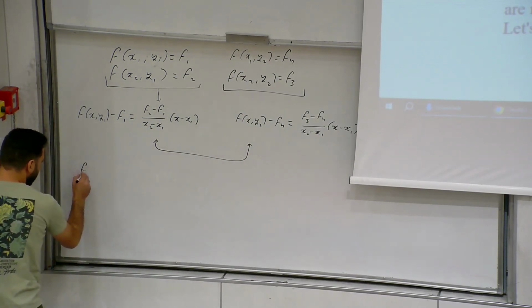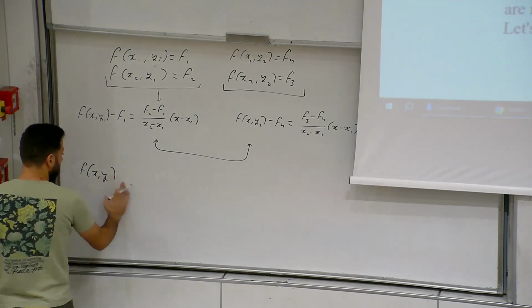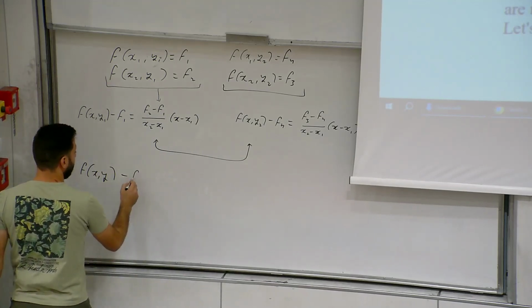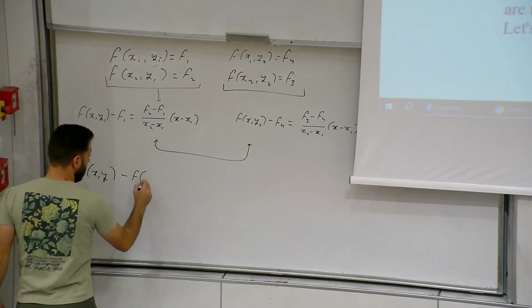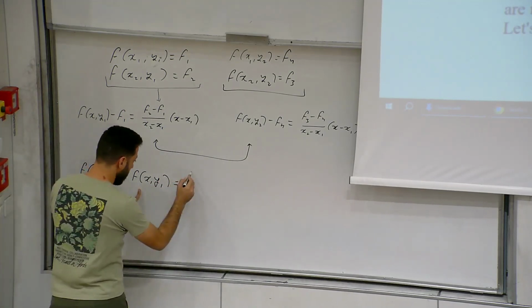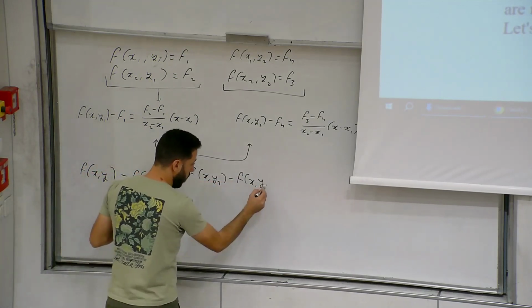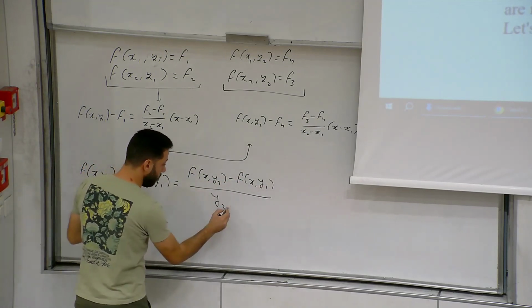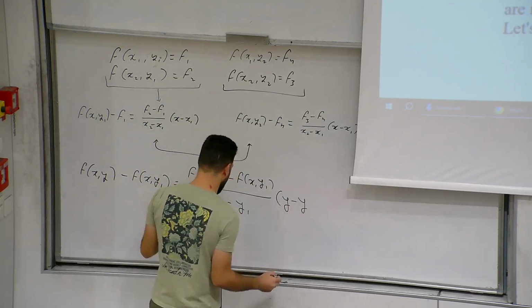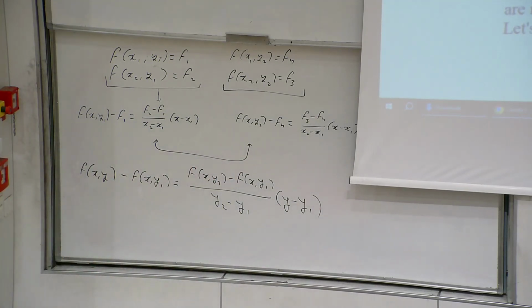We say that f of x, y minus f of x, y1 equals f of x, y2 minus f of x, y1, divided by y2 minus y1, multiplied by y minus y1.